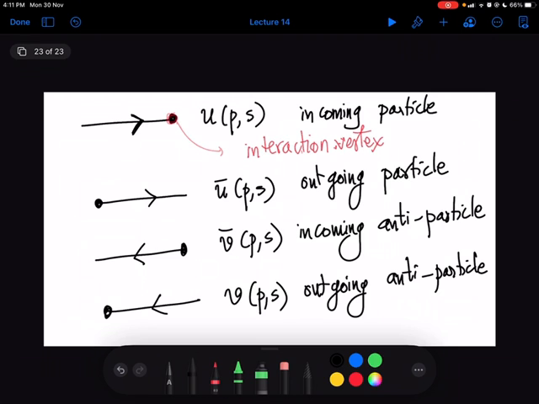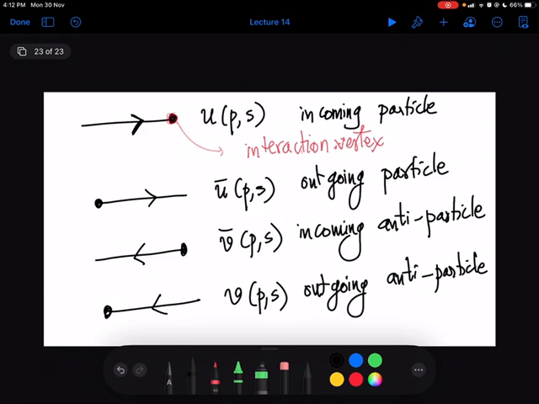Whereas for an antiparticle, the direction of the momentum and the arrow on the external line, these are called external lines, is opposite to the direction of the momentum. So that way we can keep track of what is a particle and antiparticle.